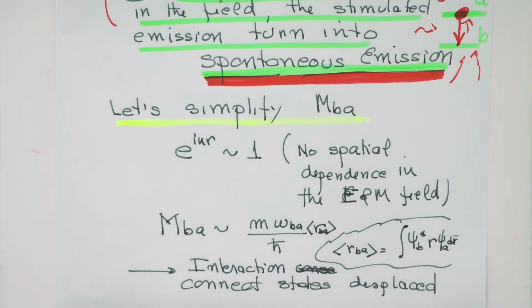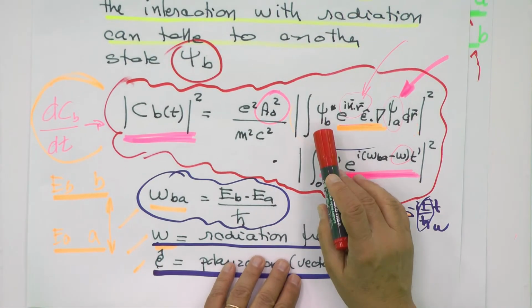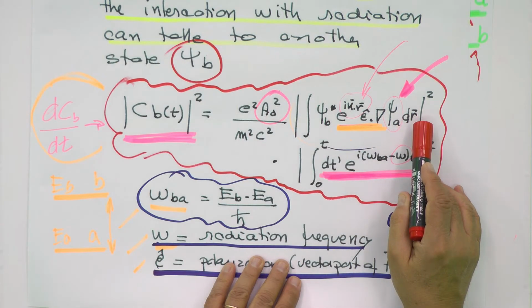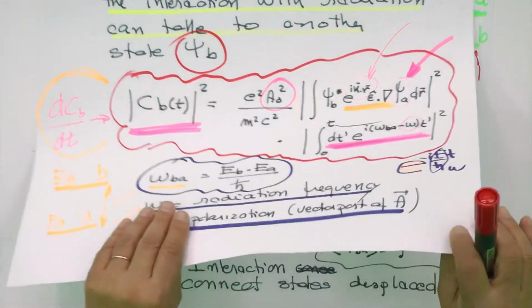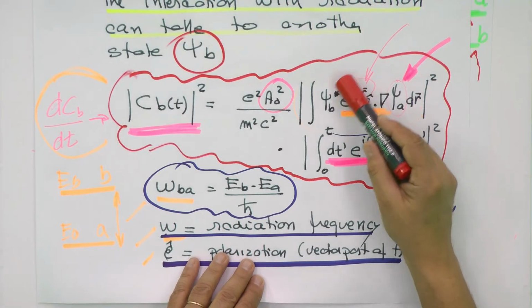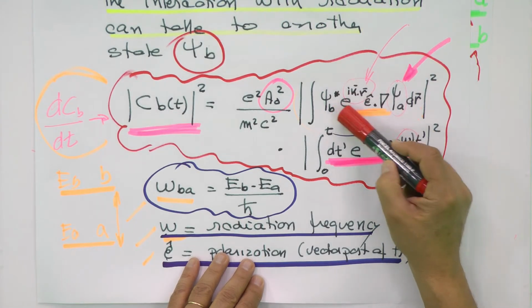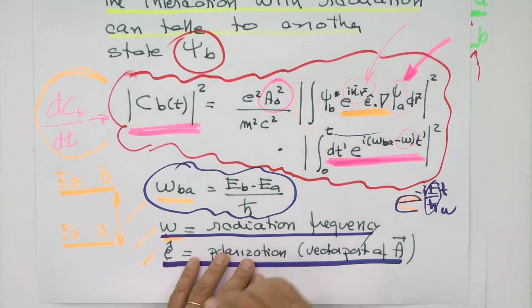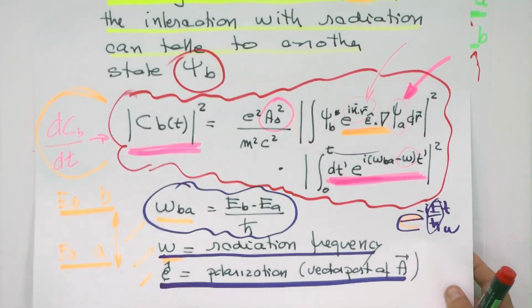Well, then I want to recall to you that this matrix element, MBA, is basically this integral. And what we're going to do is notice this spatial variation of the field, it is too big, right?